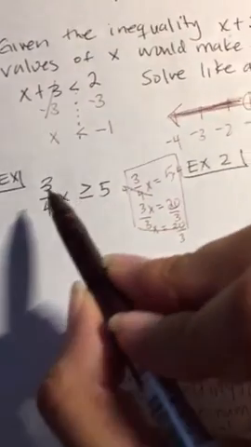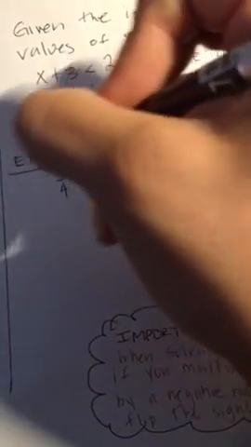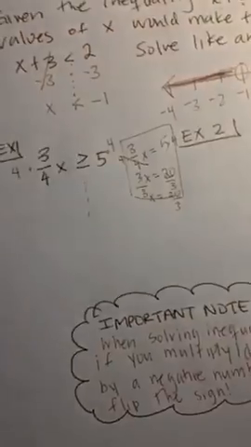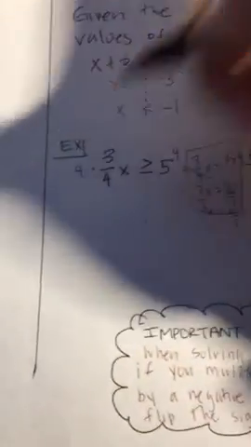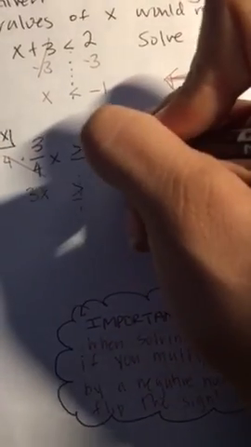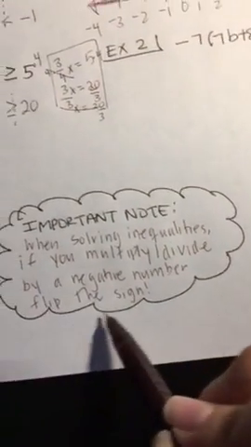Now this one here, I would multiply in order to solve this problem. Again, I can do my little wall here, but I want to multiply that by 4, and multiply that by 4, right? This is going to divide out, and I'm left with 3x is greater than or equal to 20. Now here, I multiplied by a positive number, right? The note says if you multiply or divide by a negative number, flip the sign.